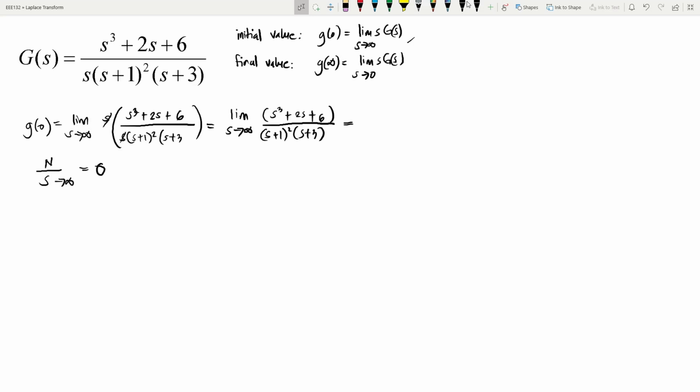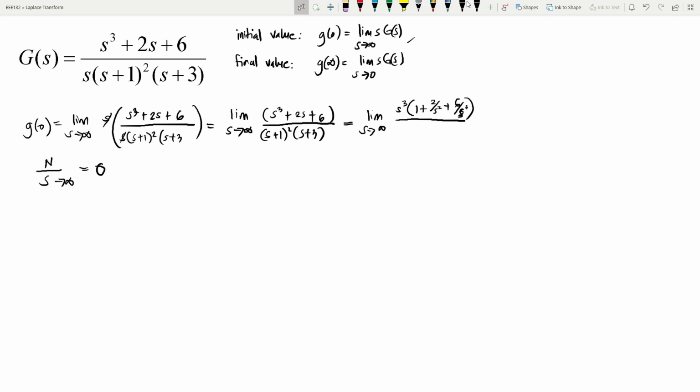We have s cubed times 1 plus 2 over s squared plus 6 over s cubed.